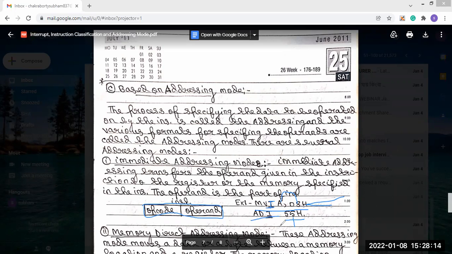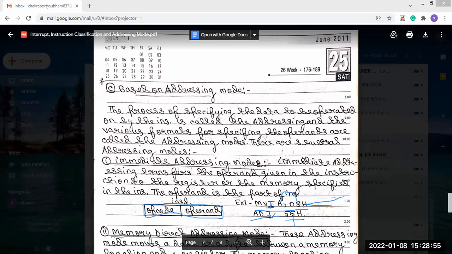That's why I is mentioned. Another clue to keep in mind is that any immediate operation or immediate instruction like this should be placed in the immediate addressing mode.